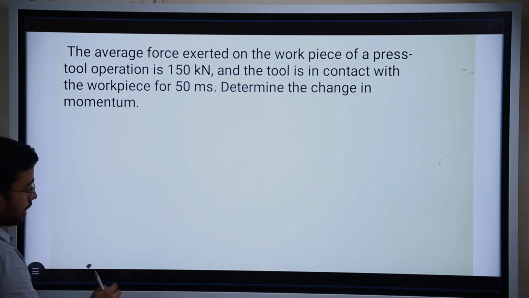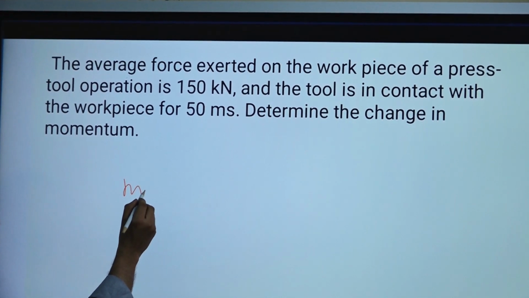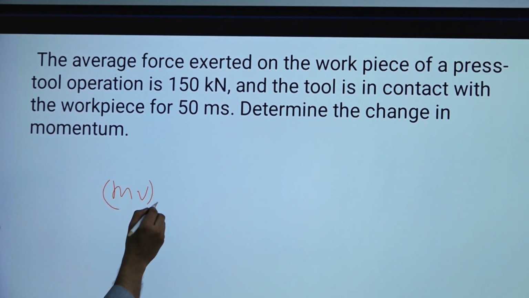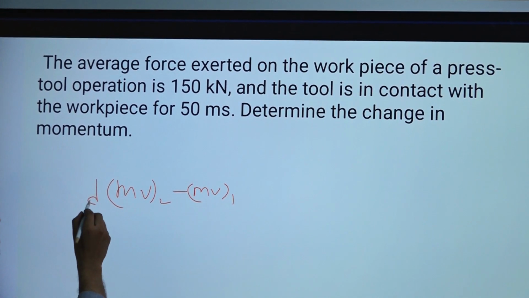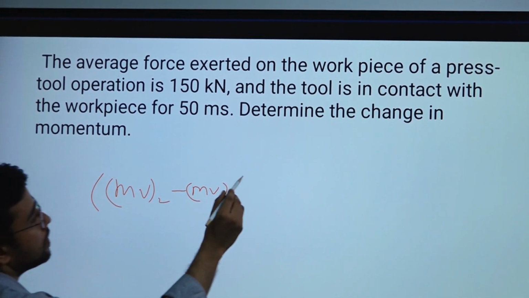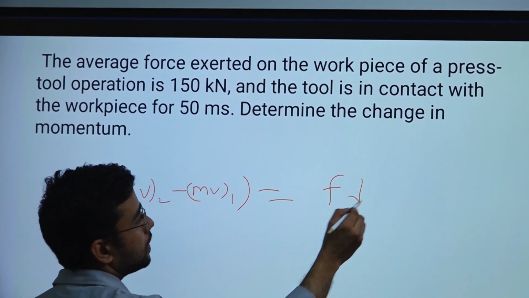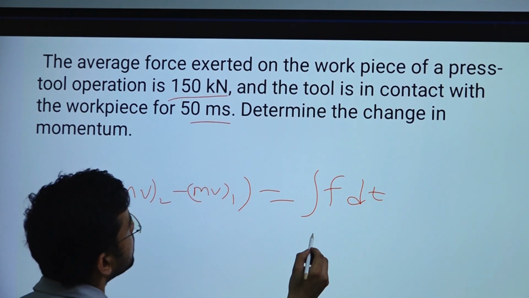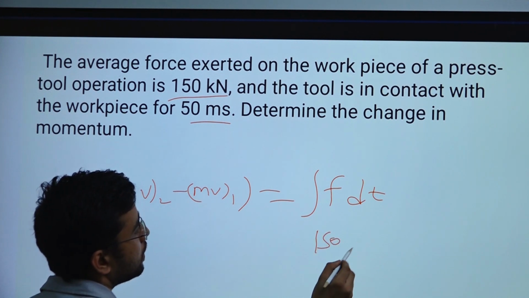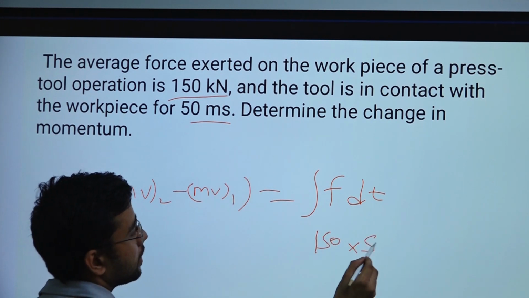As in the previous case, change in momentum is equal to F dt. Here we don't have to do integration because the values are given directly. So the force is 150 kilonewton into the time of 50 millisecond.